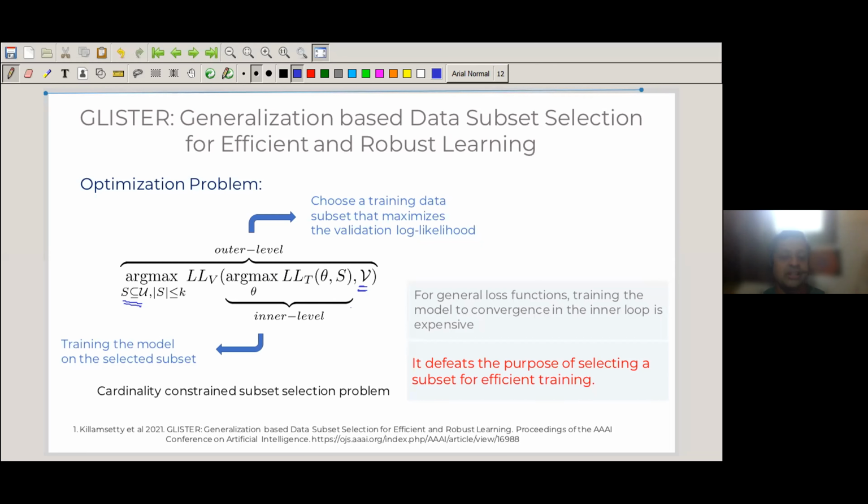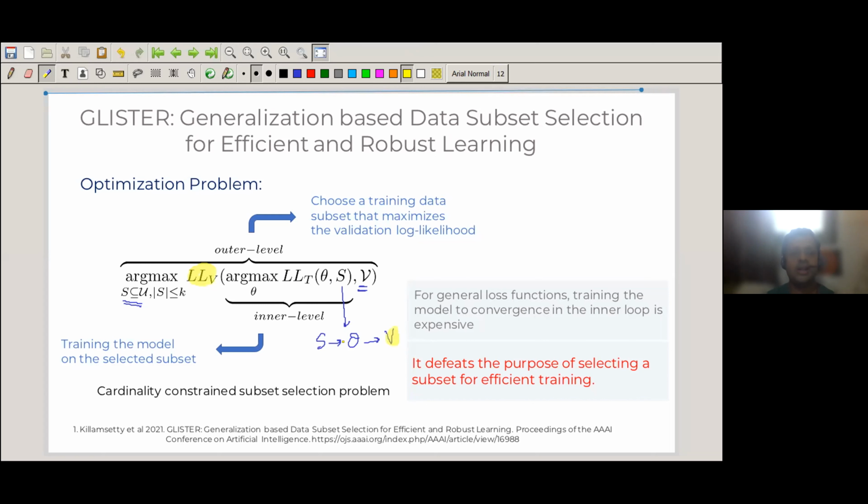So U is the training set. Identify a subset of the training set S. Based on S, you estimate the parameters theta. And when you apply this on the validation set V, your outer likelihood should be maximized. This is the outer likelihood which is applied on V.